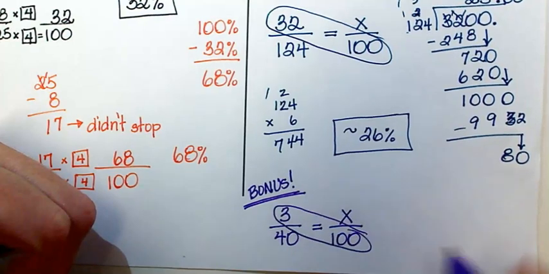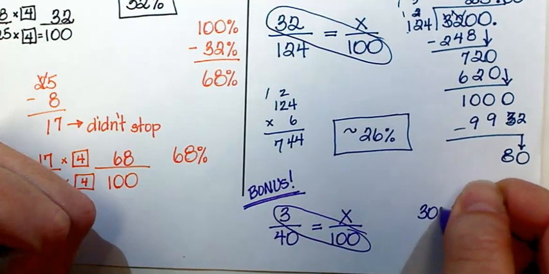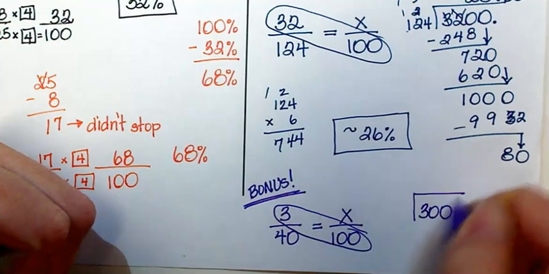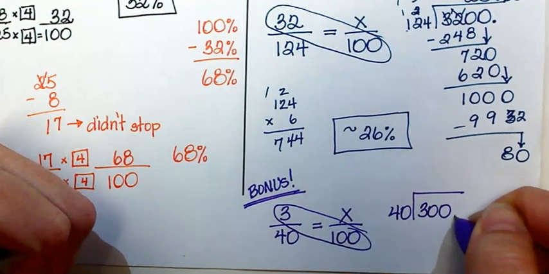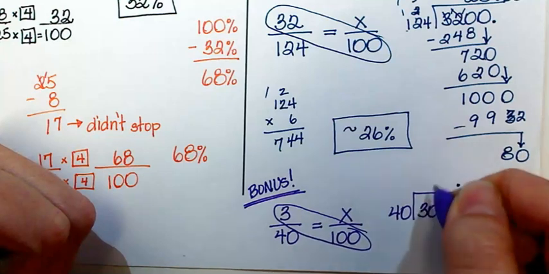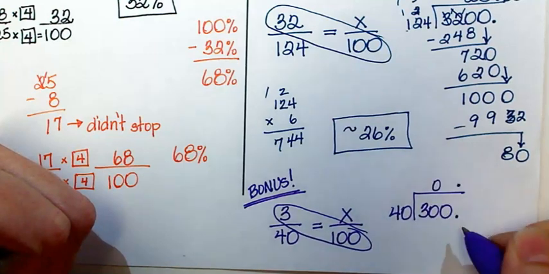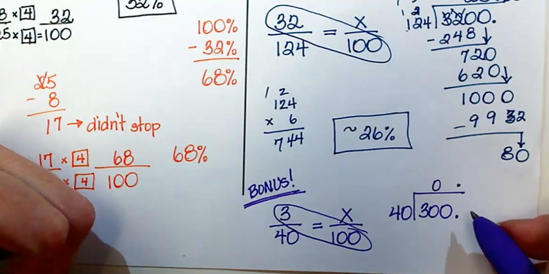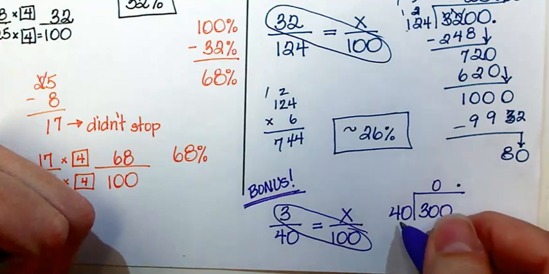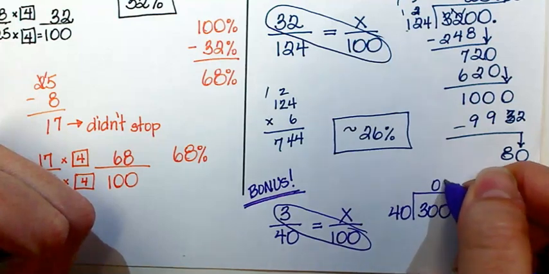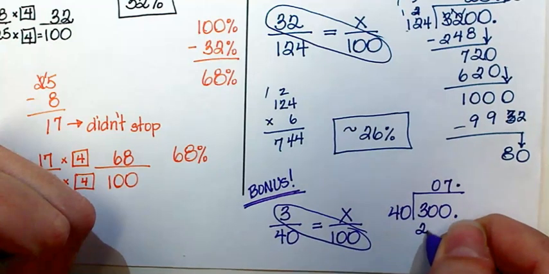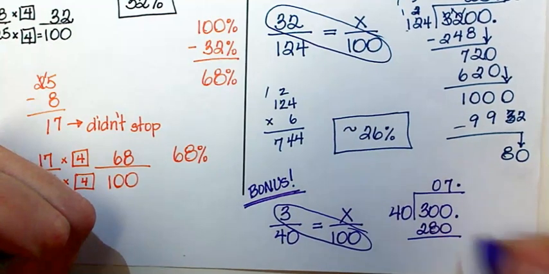So you can take these 2, and that's 300, and then you divide by 40. Okay, 40 will not go into 30, but 40 will go into 300. 8 times 40 is going to be 320, so 7 times 40 is 280.